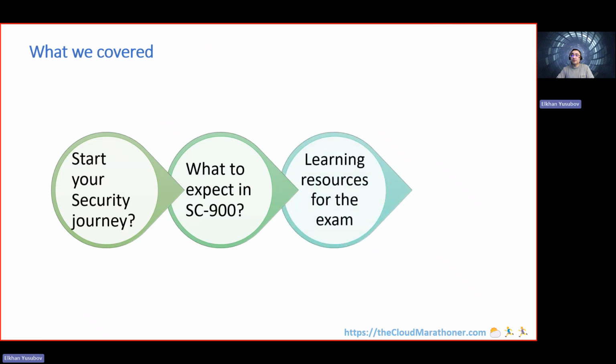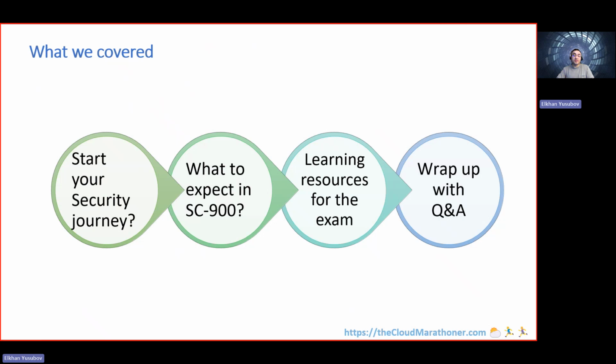Then we looked into some learning resources. We went through the overview of the CS900 exam page to better understand available resources, the modules, as well as some practice tests that you can use in that page. And finally, we wrapped up with some good learning resources and materials.